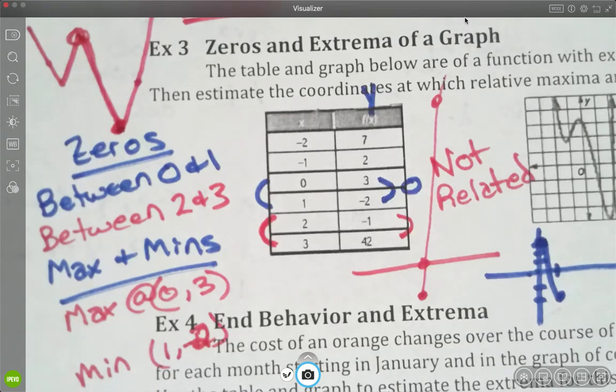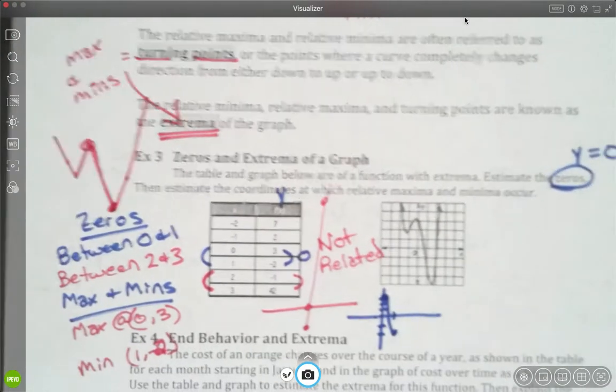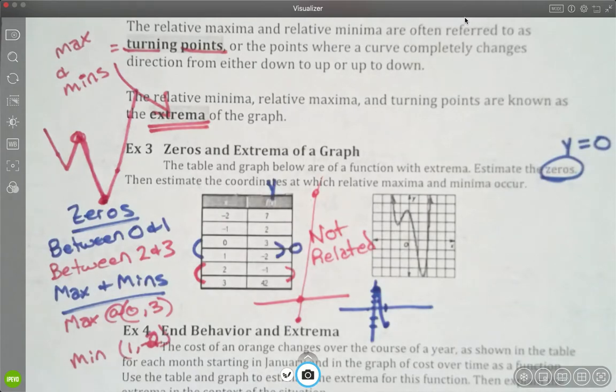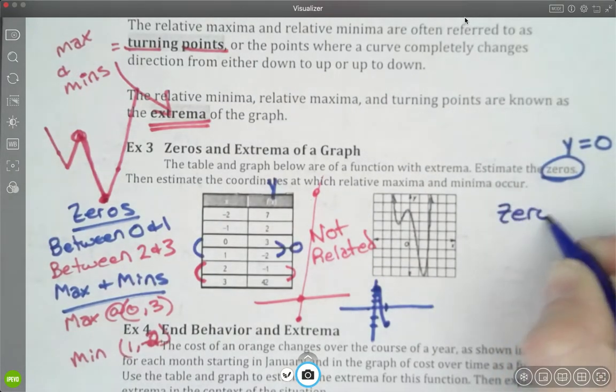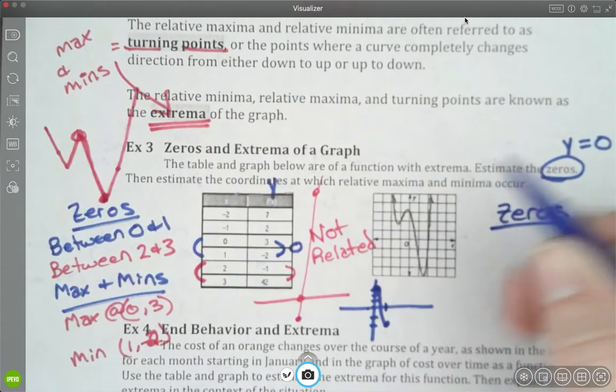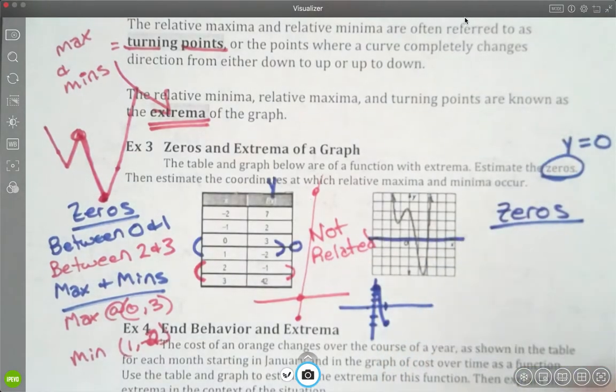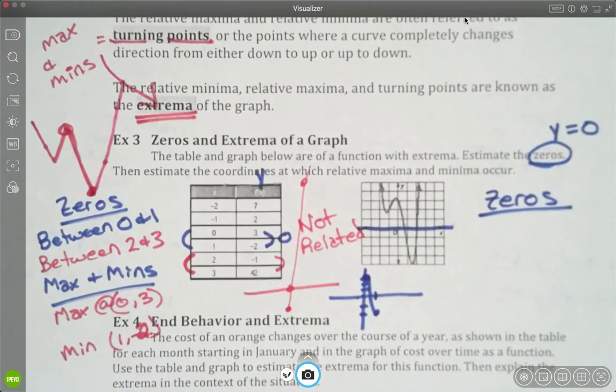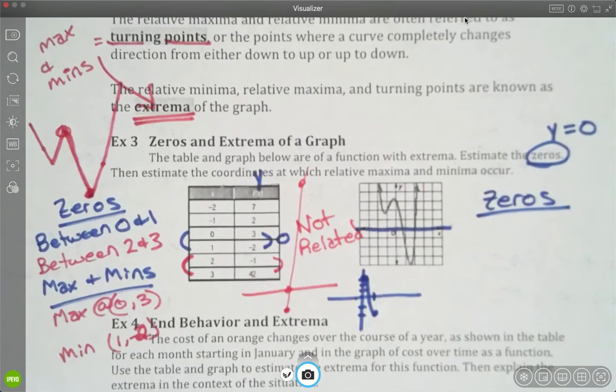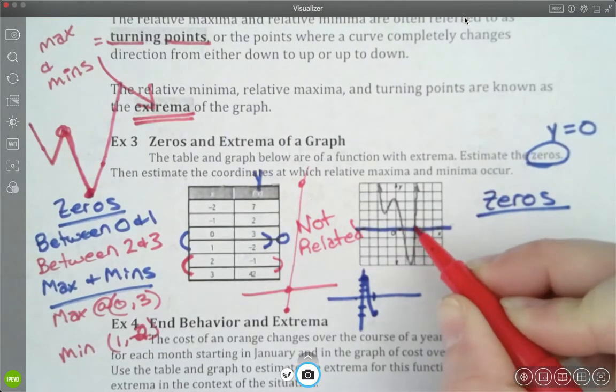Now, when you have it actually graphed, it might be a little bit easier to determine those two things. So zeros. Zeros are where he crosses the x-axis, okay? So here's the x-axis right here. How many places is he crossing? 2. He's crossing at 2 places, okay?